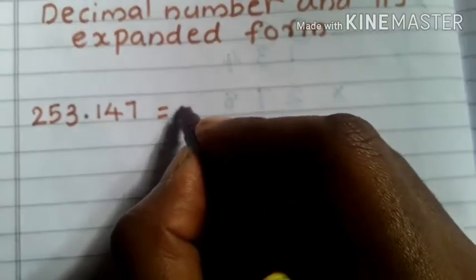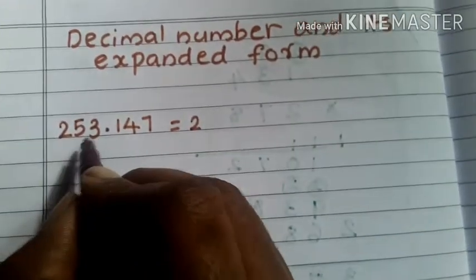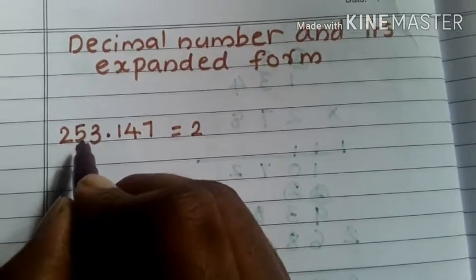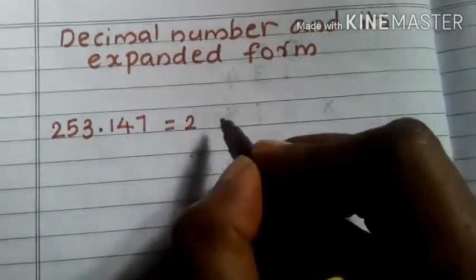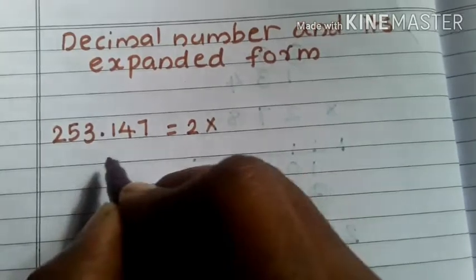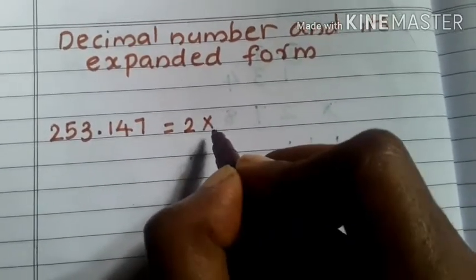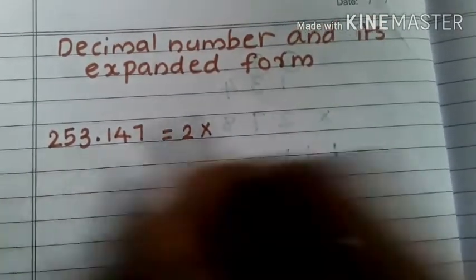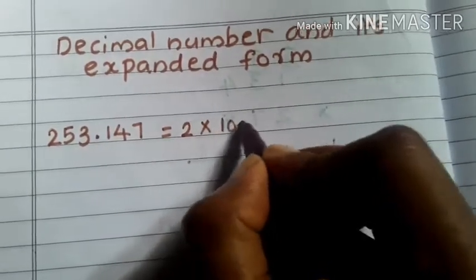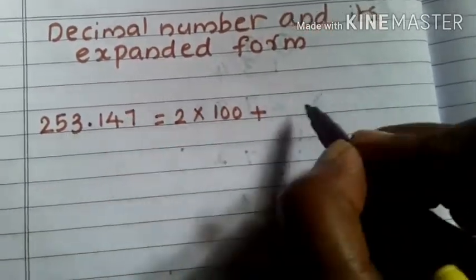So we write: 2 is in the hundreds place, so the expanded form is 2 into 100, then 5 in which place?